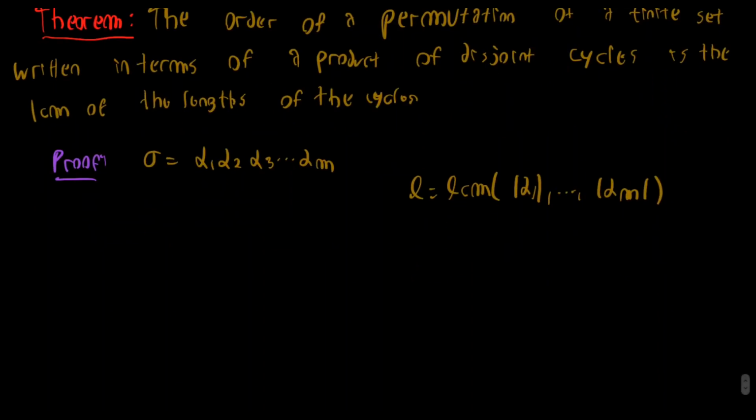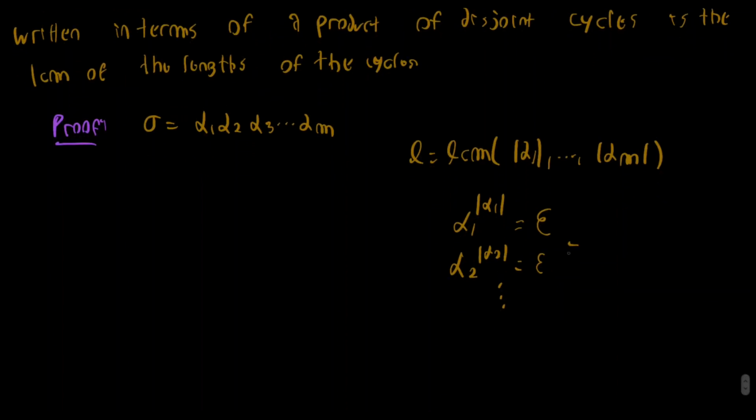Now notice that by the previous fact, α_1 to the order of α_1, which is just the length of α_1, is the identity permutation, and this is also valid for all the other cycles. And since L, which is the LCM of all these orders, is a multiple of all these orders, of course this immediately implies that α_1^L, α_2^L, all of these are the identity permutation.